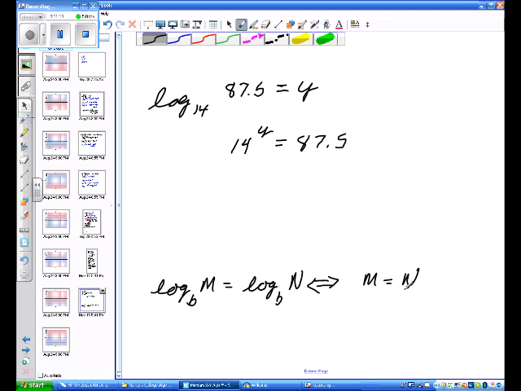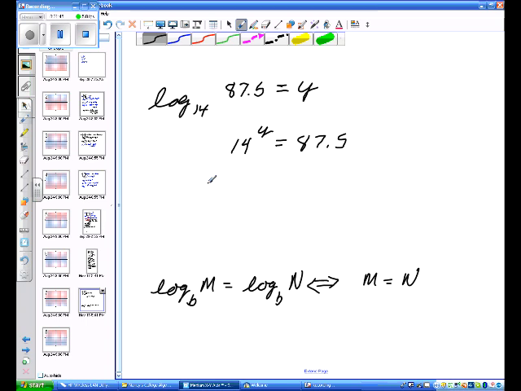If you have two numbers that are equal, then the logs of those numbers will be equal. The same thing, if you have two logs that are equal, then those two numbers are equal. So here we have two numbers that are equal, 14 to the y equals 87.5, so that means the logs of both sides are equal.